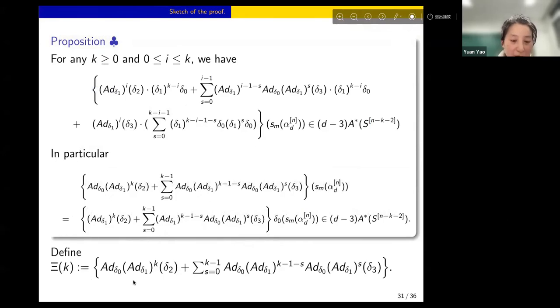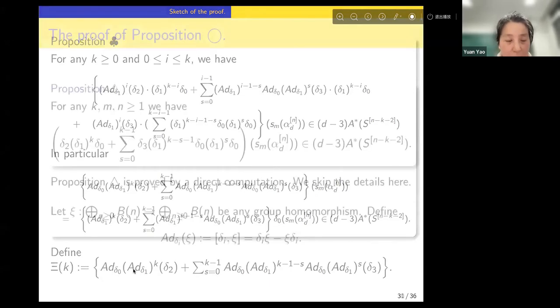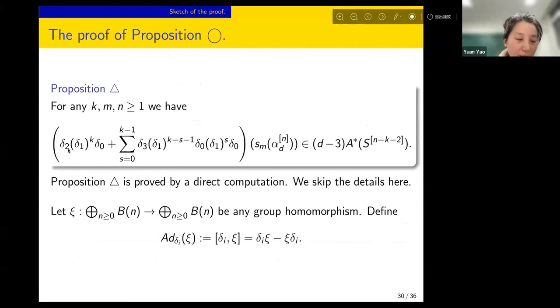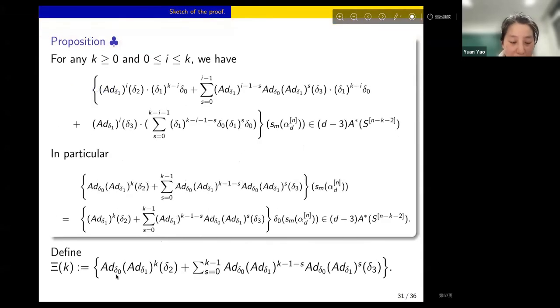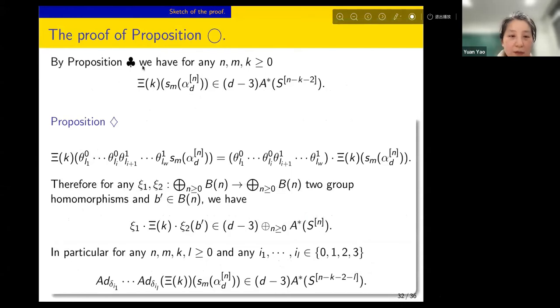So now we get to this operator. We replace all these things with the commutator, so here we just multiply this operator. Once we do this commutator, we still have the same statement: it still belongs to D minus 3 times this Chow range. The good thing about this operator is that it has this very nice property.